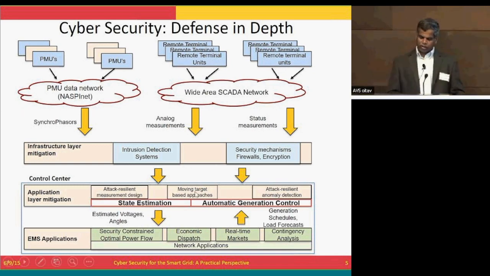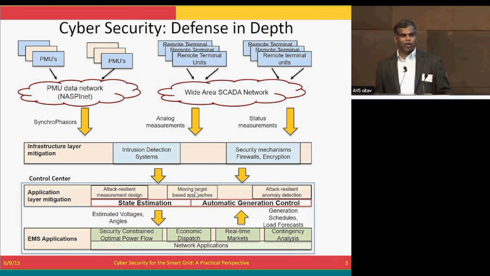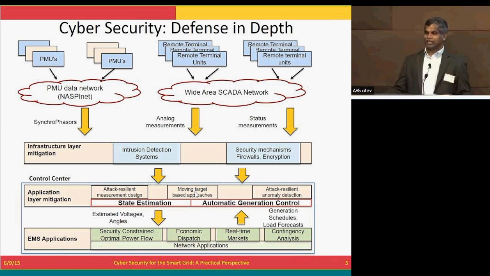For example, one is called moving target. Moving target means when the measurements are coming from the field, I have some suspicion about some measurements because they may be compromised, but you take redundant measurements, more than what is needed. For example, in the state estimation case, you only take a subset of them. Which subset you are going to choose at a given point in time is done in a randomized manner, so that the adversary doesn't have a clue which measurement is going to be used for the state estimation or any other application.